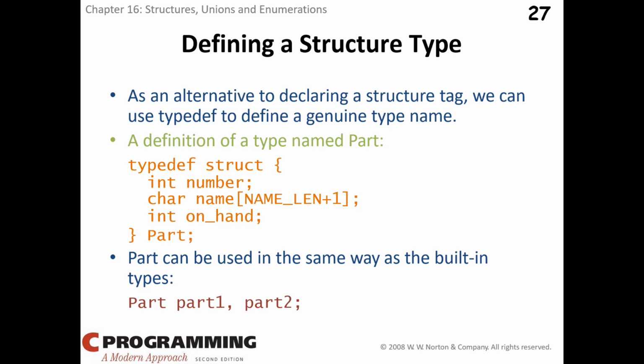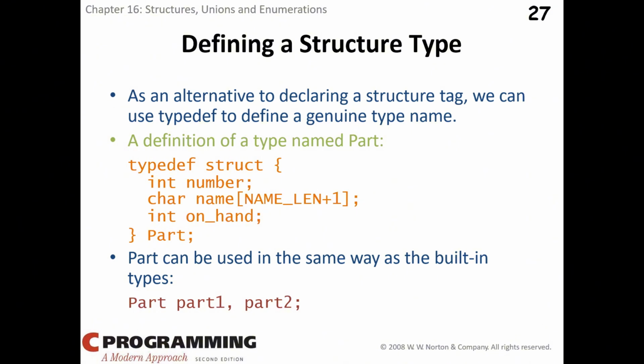Now we can declare variables of type Part in the same way as built-in types. Here part1 and part2 at the bottom of our slide are variables of type Part, and they can store the part numbers, names, and quantities on hand just like any other built-in types in C.